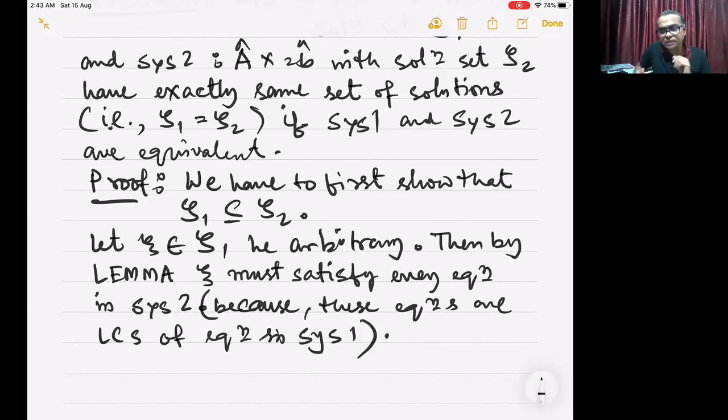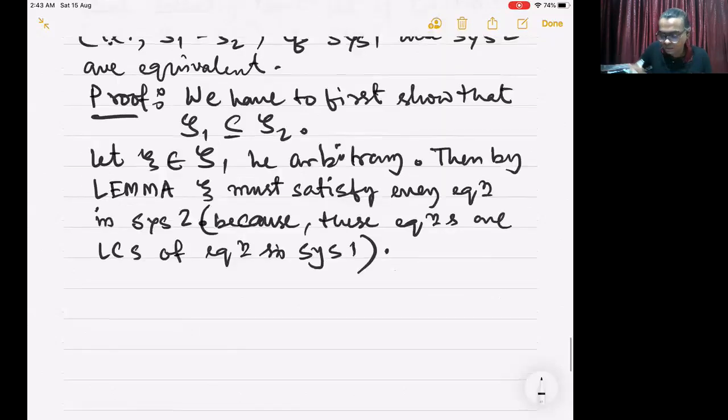So therefore it will satisfy every equation in system 2 because they are linear combinations, but then this implies Xi is an element of S2.